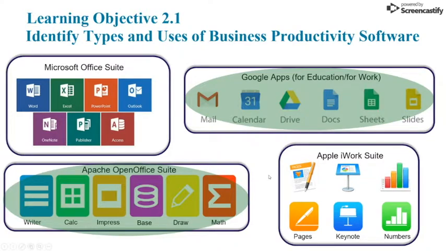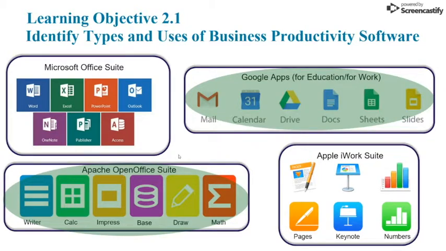Now, Apple's Office Suite has a lot of the same functionality as Microsoft. We'll get into what types of programs Pages, Keynote, and Numbers are, but they are immediate equivalents of the Microsoft Office suite. We've also got additional competitors on the scene.